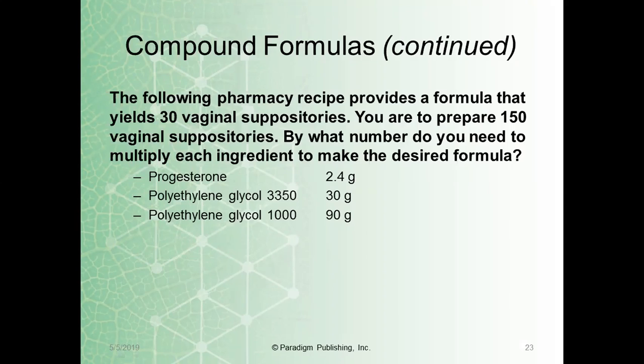So again, we would put what we want, which is 150, divided by what we have, which is 30, and that gives us 5. So we're going to multiply each ingredient by 5 in order to get our desired amount. So this concludes the PowerPoint presentation for this section. Let's go ahead and review some of the problems on page 240 and 241.